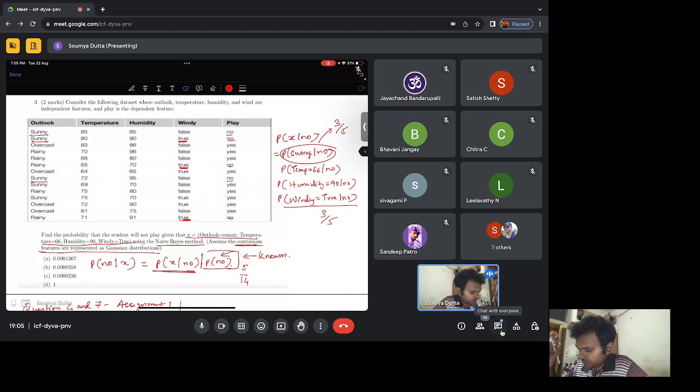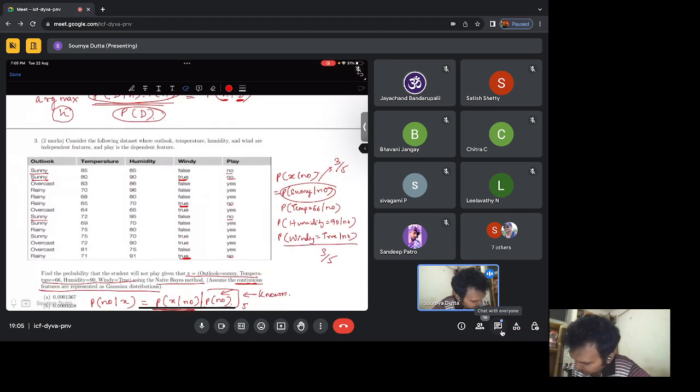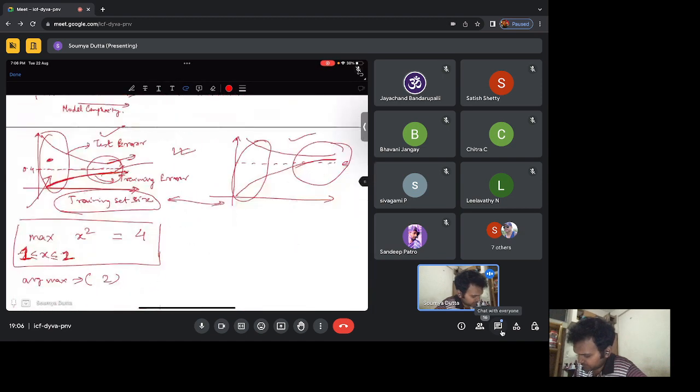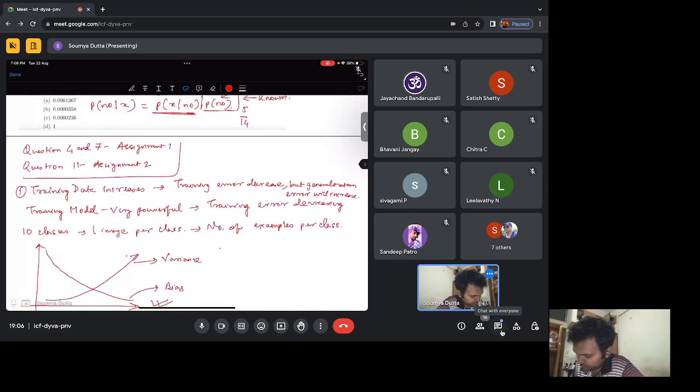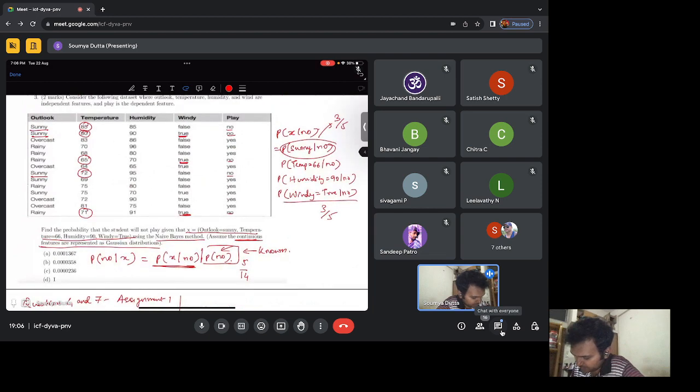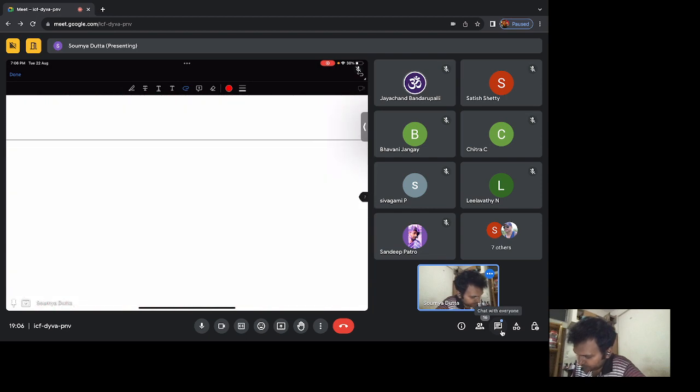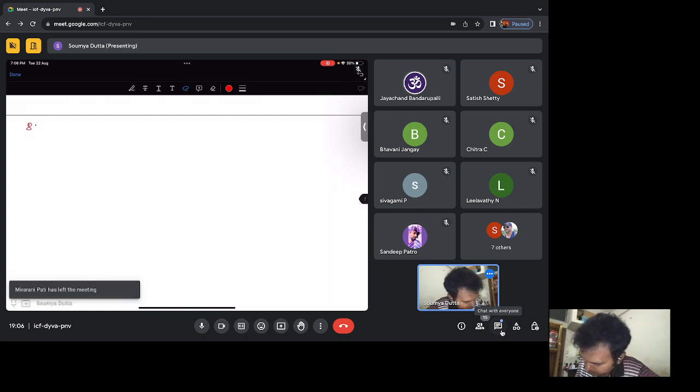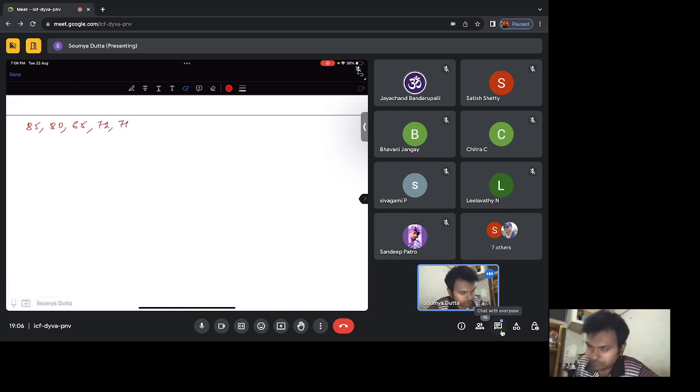So now you need to find the temperature values which correspond to no. These are the 5 temperature values. I am writing them two pages later since I have already filled those up: 85, 80, 65, 72, 71.